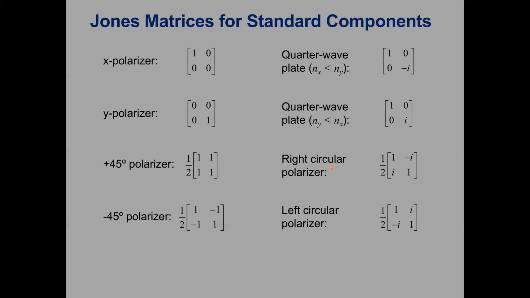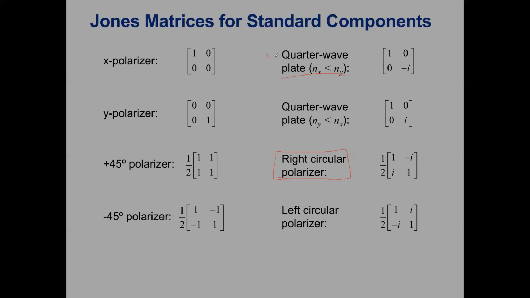Whereas polarizers give you circularly polarized light by blocking one of the components. So this guy here, the right circular polarizer, this matrix is different from this guy in that it models the left circular component of the incident light wave being completely blocked.